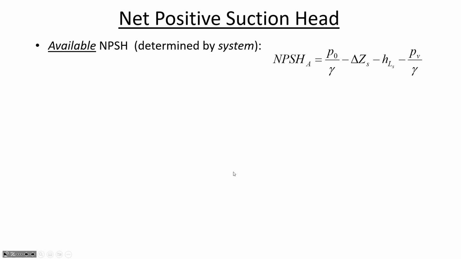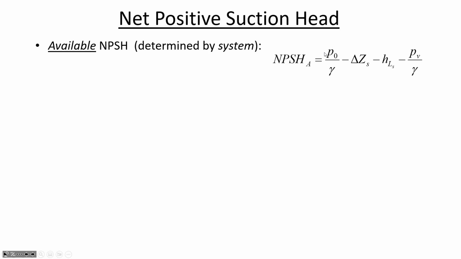Okay, so to prevent all of that, we have to know about the difference between how much pump head is required by the pump and how much net positive suction head is available in the system. And so you can calculate the available net positive suction head by starting with the atmospheric pressure divided by the unit weight of water.